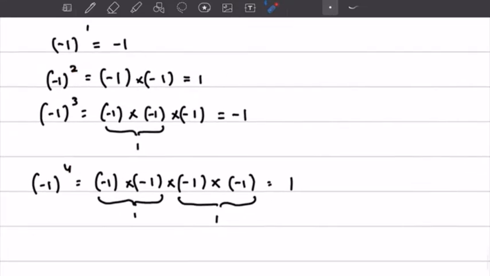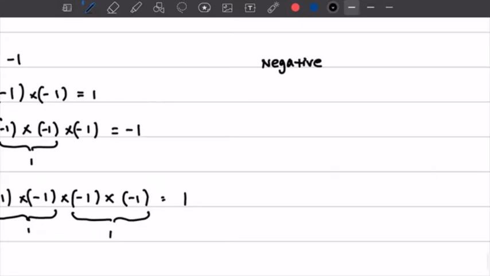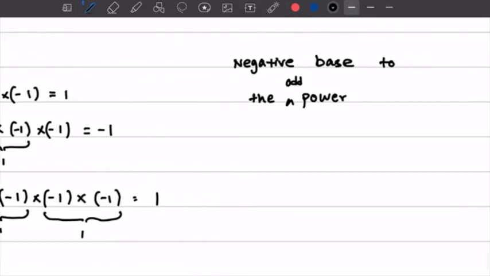So from this, just keep in mind, to save time, a negative base raised to an odd power, so an odd number on top, is negative.